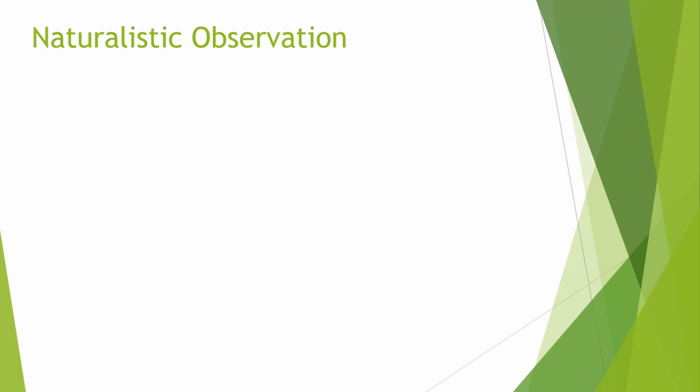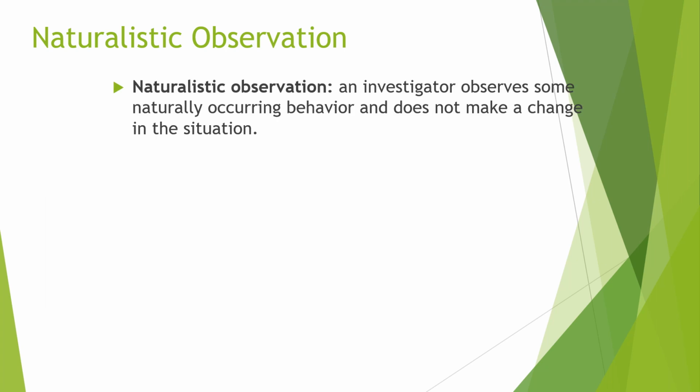A second type of methodology used would be naturalistic observation. And this is where a researcher observes some sort of environment where there is naturally occurring behavior. It does not control or make any change in the situation.